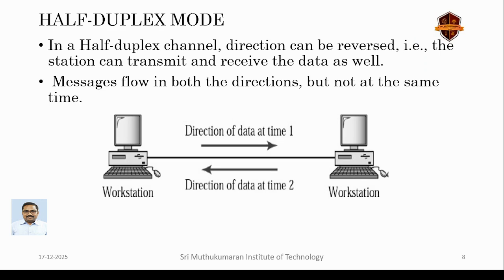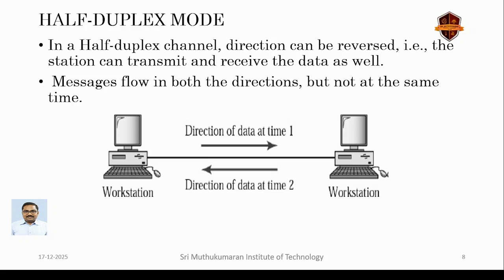Now the second type is half duplex mode. In this type of transmission mode, both sending and receiving of data can happen, but only one at a time. When you look into this diagram, you can see there are 2 workstations, and the flow of data between the workstations happens in both directions, but only one at a time.